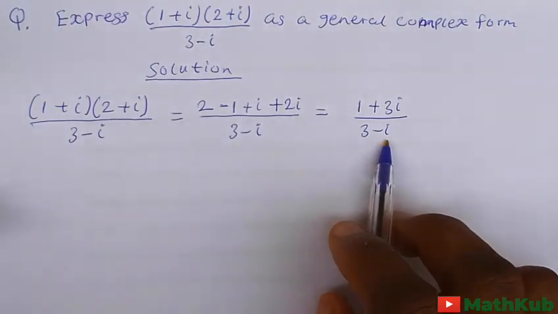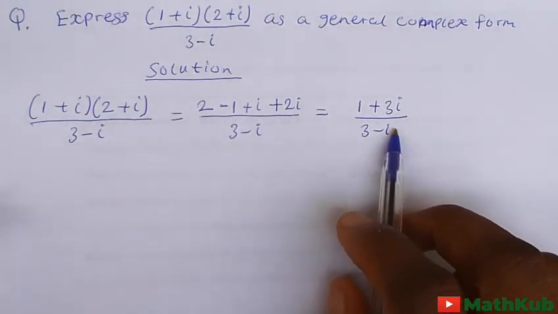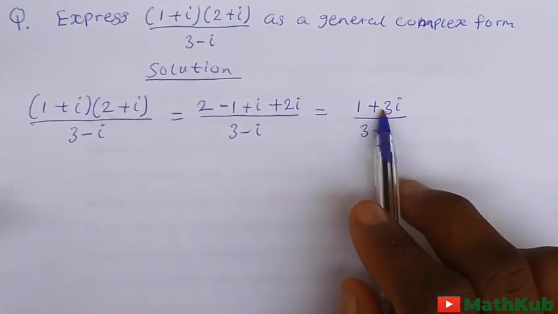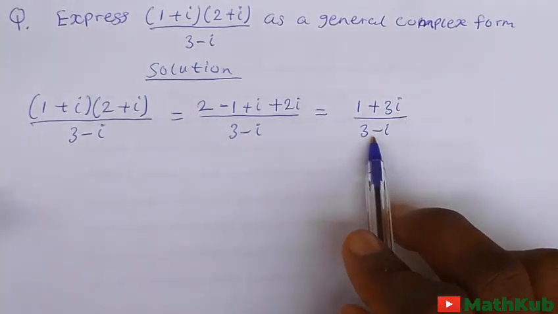And we have the quotient. We are going to divide 1 plus 3i by 3 minus i.